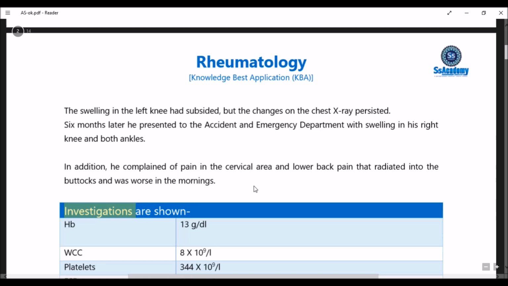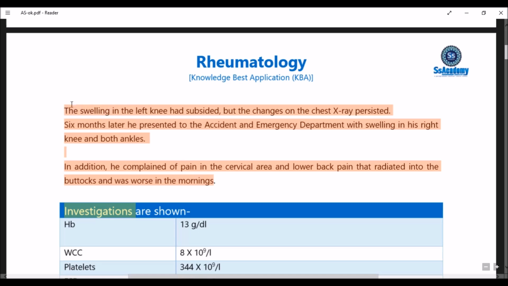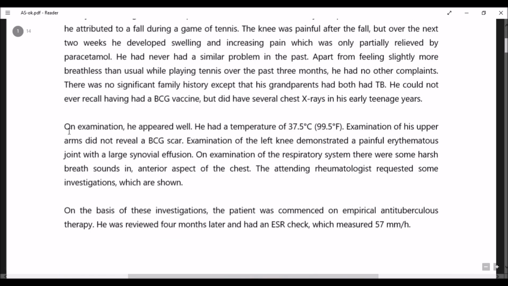Immediately after that, my dear, the sixth step is the examination findings, so we'll start from here. On examination, he appeared well. He had a temperature of 37.5 degrees centigrade. An examination of his upper arms did not reveal a BCG scar.